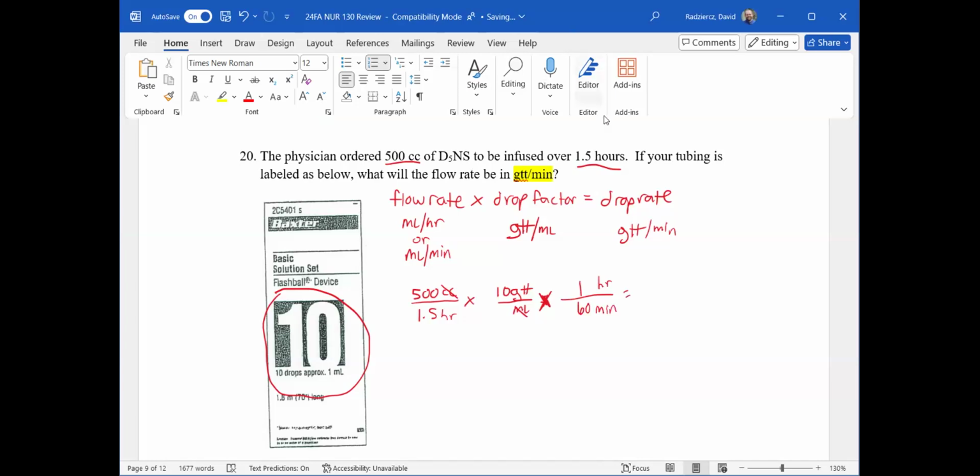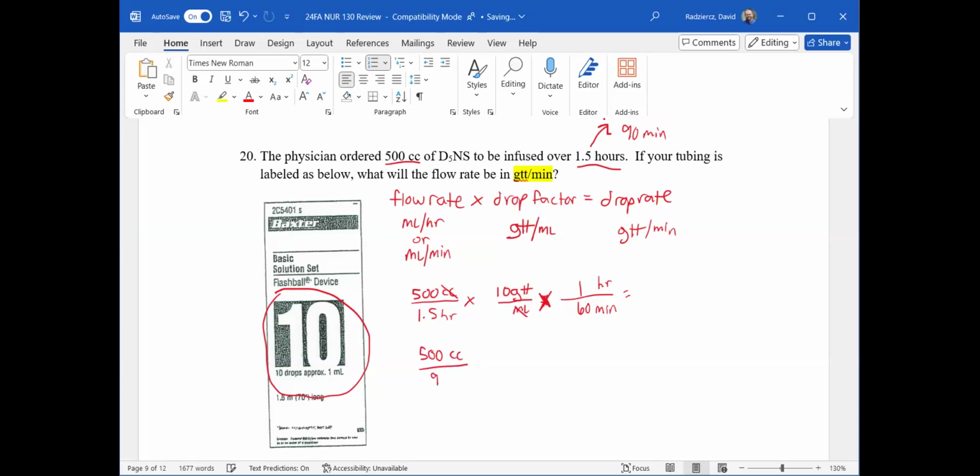As a shortcut, you may have seen that I previously had written on here, 1.5 hours is the same thing as 90 minutes. So instead of putting 500 cc's over 1.5 hours, you could just go right to the minutes.